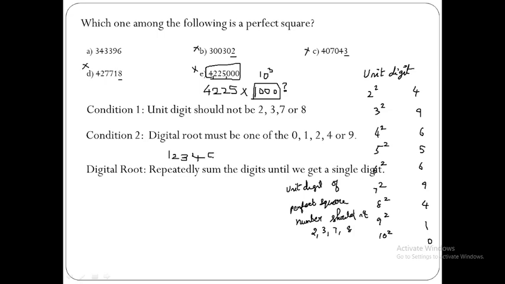Let's add the digits first: 1 plus 2 plus 3 plus 4 plus 5. What would be the result? It is 15, a two-digit number. Then 1 plus 5 is 6. So we add the digits until we get a single digit. That is known as the digital root.